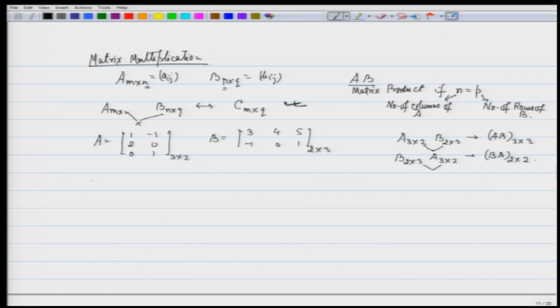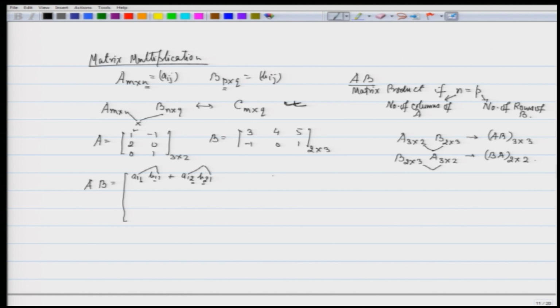So, what is the matrix product AB here? For AB, we have to multiply the first entry A11 with B11 plus A12 with B21. Note here that this one and this one cancel out in some sense, and I have the first and the first here. Similarly, 2 and 2 will cancel out; I have 1 here and 1 here.